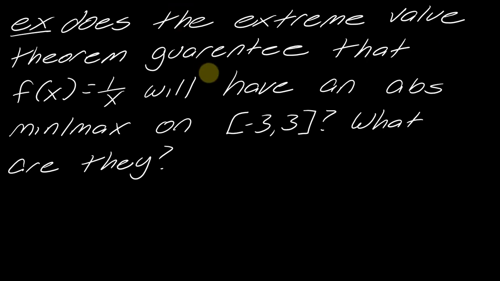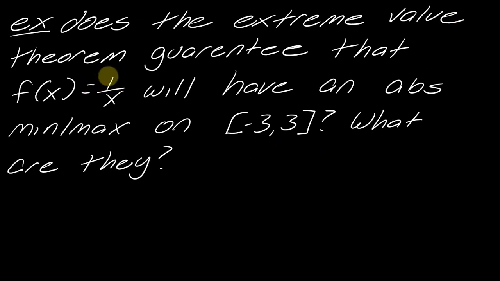Does the extreme value theorem guarantee that f of x equals 1 over x will have an absolute min and max on the closed interval from -3 to 3? And if so, what are they? Thinking about the function 1 over x, you'll note that it does not exist when x equals 0, right? So this is not continuous.